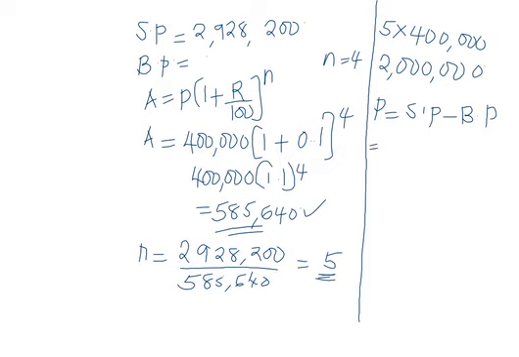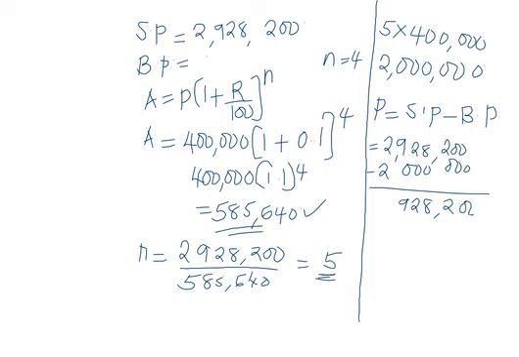So we have 2,928,200 minus 2 million. And if you subtract, you'll get 928,200.